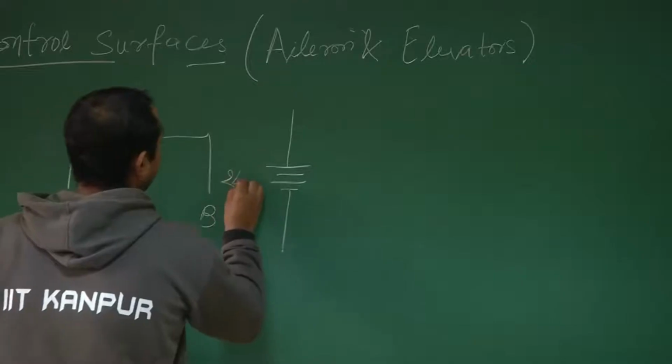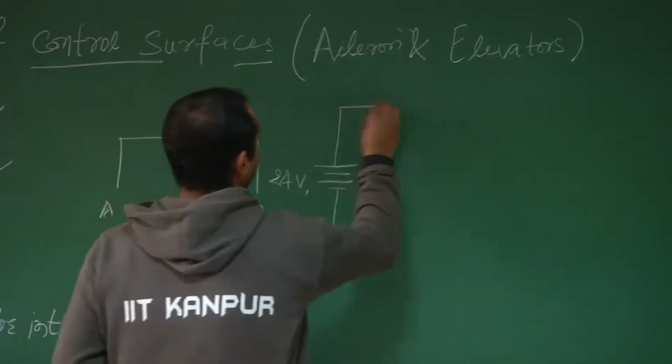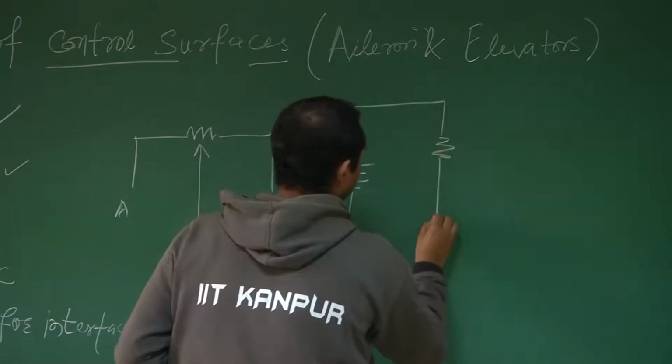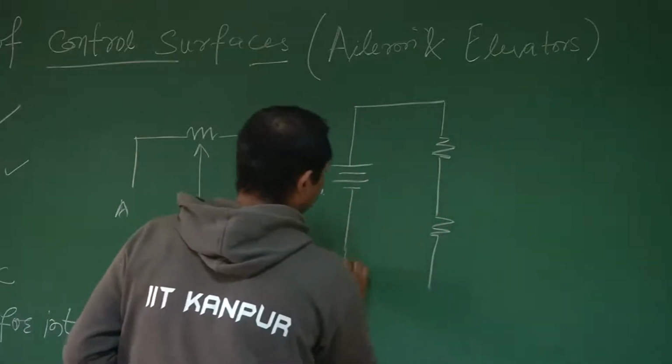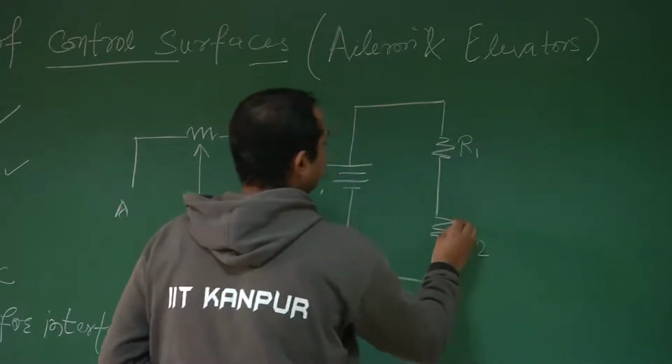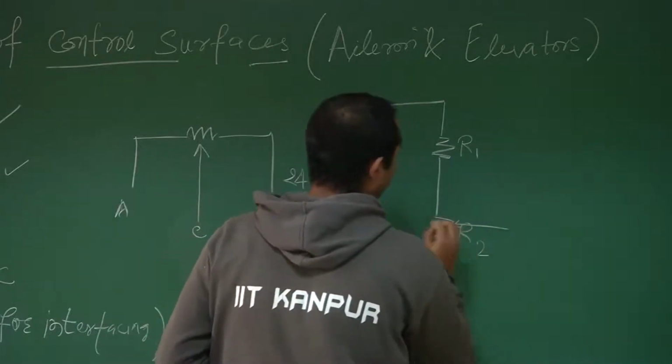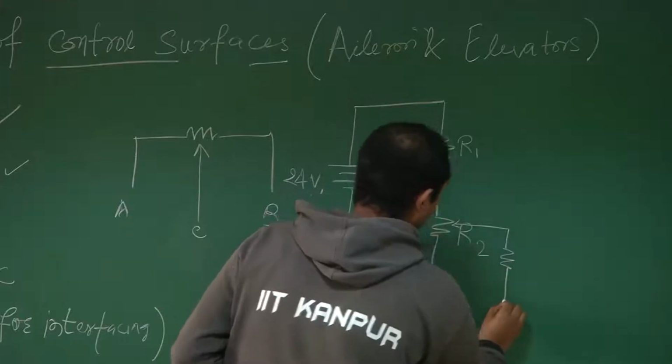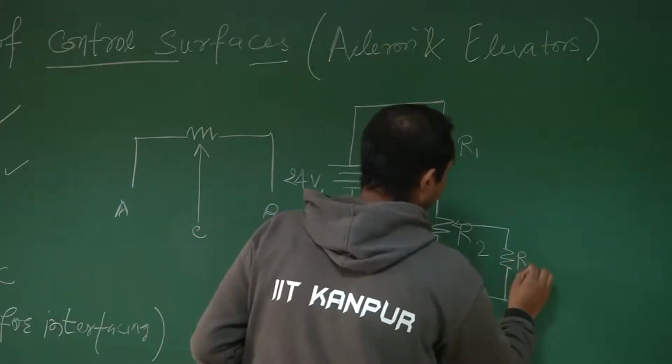a 24-volt DC supply. Suppose we are having this is your resistance R1, your R2, this is your contact, this is your load resistance RL.